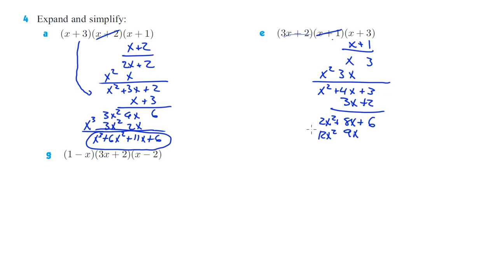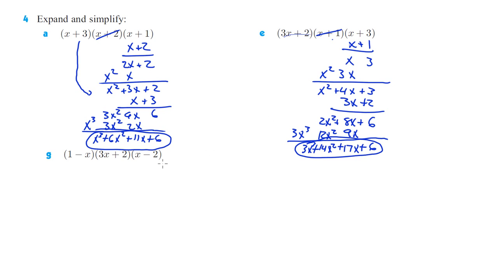And then 3x times x squared is 3x cubed. Add those all together. Get positive 6. 8x and 9x is positive 17x. 12x squared and 2x squared is 14x squared. And then a 3x cubed.